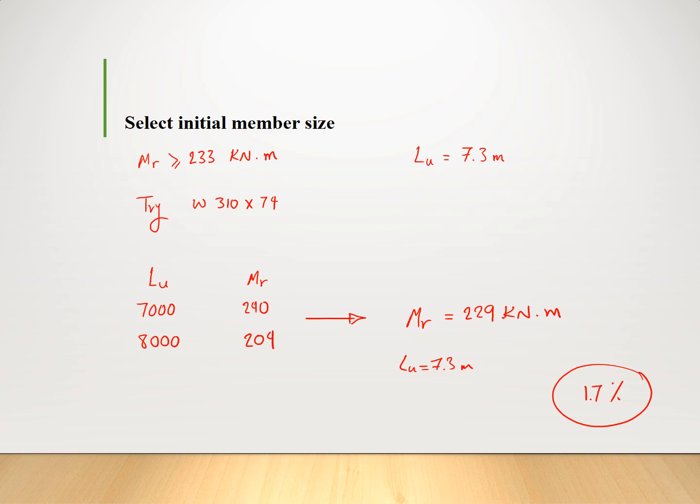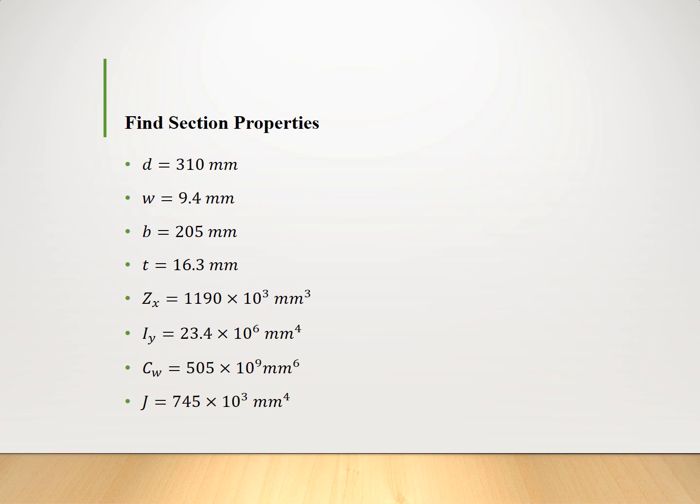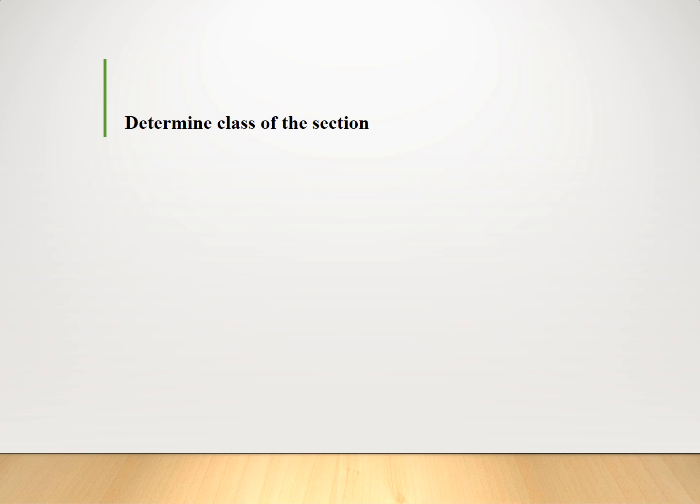It is 1.7% lower than our factored moment, but we're going to accept that because it's close. You can find section properties in chapter 6, page 6-48 of the handbook. Now we have to determine the class of the section.